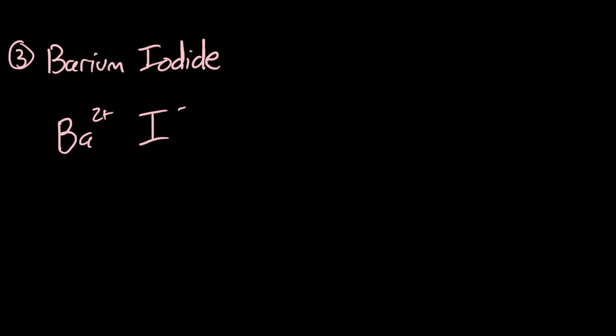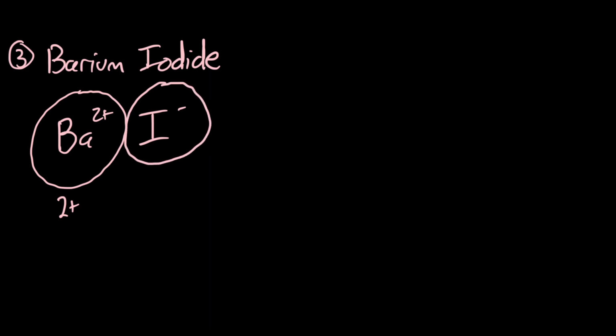Okay, so if we isolate each ion, we can figure out the overall charge. So Ba2+ is going to have a 2+ charge, and I- has an overall 1- charge.